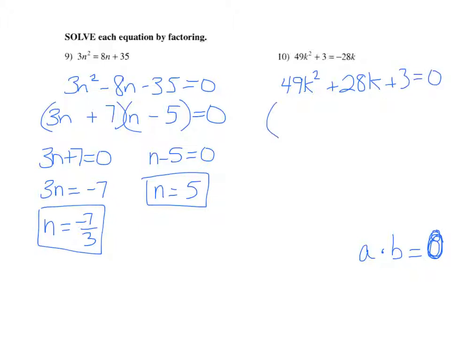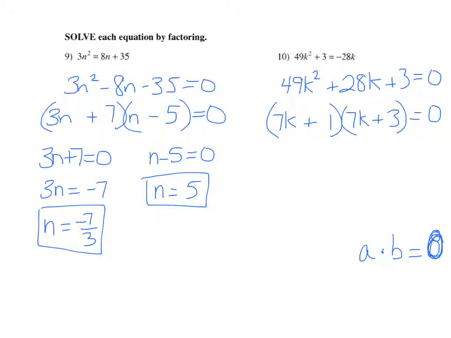And this is nice because it's good practice of our factoring skills. All right, so I'm guessing probably 7k and 7k here. Then it's going to have to be 3 and 1. Looks like my signs are the same, they're both going to be pluses on this one. And so that's going to get me a 21k and a 7k.